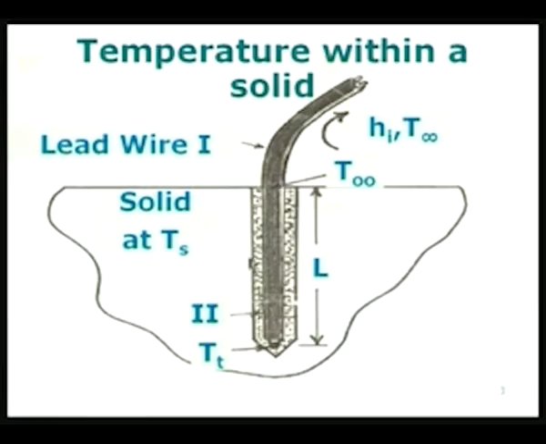So, I have a long, deep blind hole whose length is L, and the thermocouple is embedded up to that depth. The thermocouple is actually here at the bottom of this well, and between the thermocouple and the side walls of the drilled hole, I can use some kind of packing material which is a good thermal conductor.